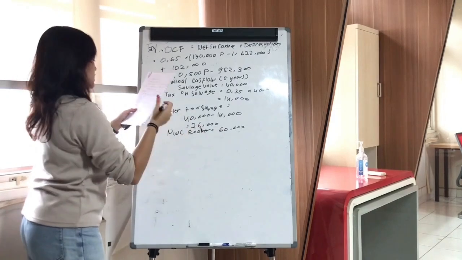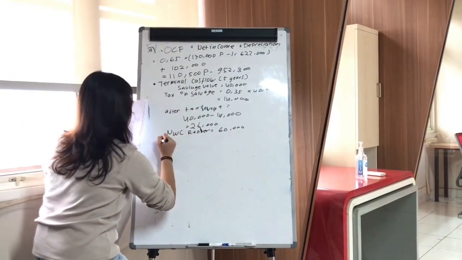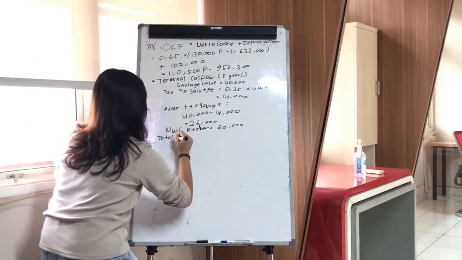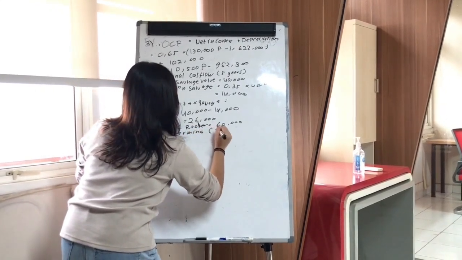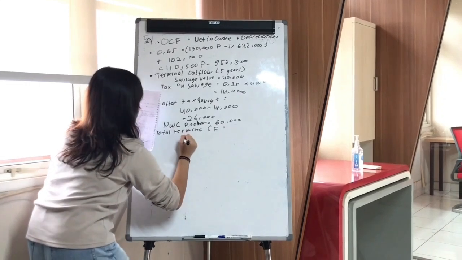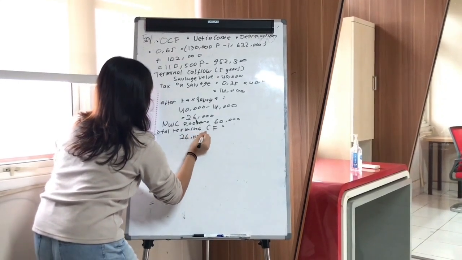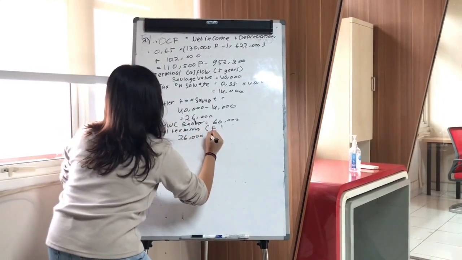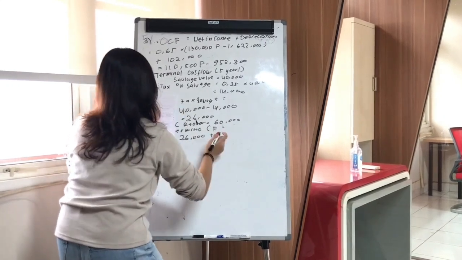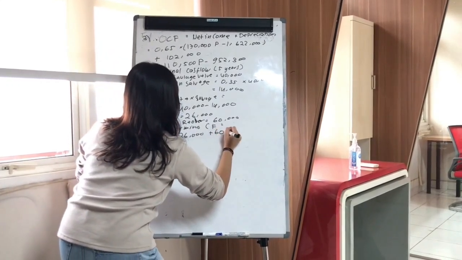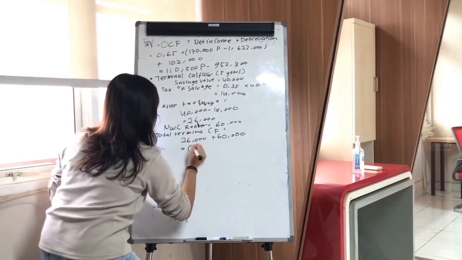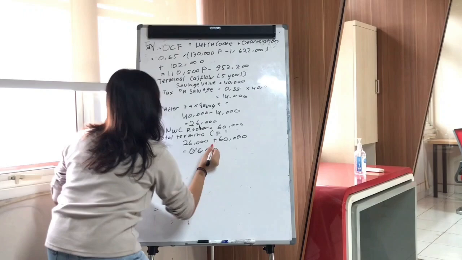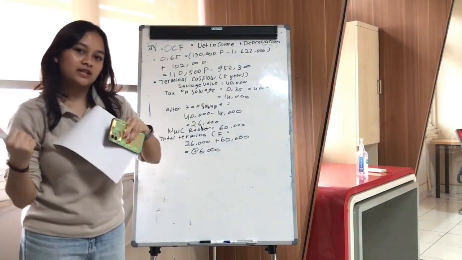With this, we will count the total terminal cash flow. That is equal to 26,000 plus 60,000. That is equal to 86,000. Now let's move on to the next one.